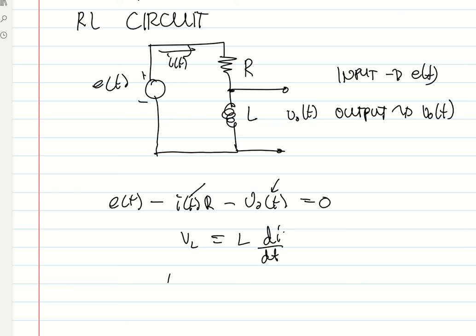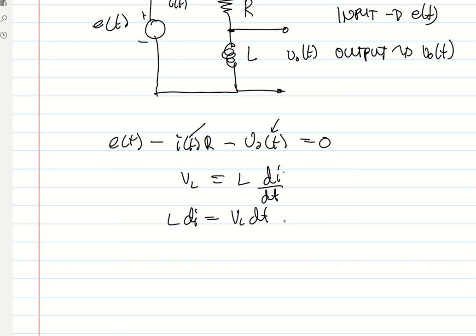So L di will be equal to V L dt. Then we integrate both sides. So the I of t, again assuming there's no initial condition here, is 1 over L, the integral of that voltage dt.